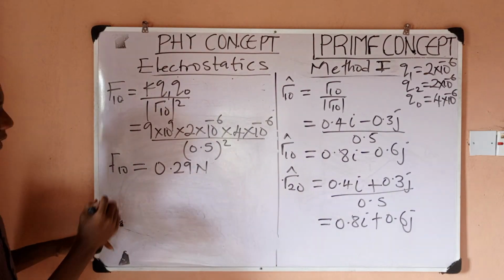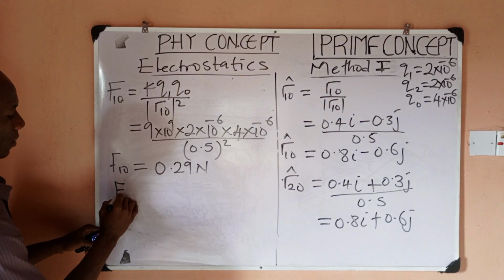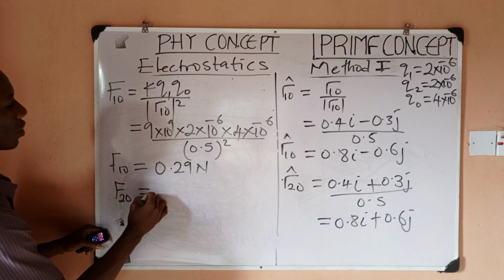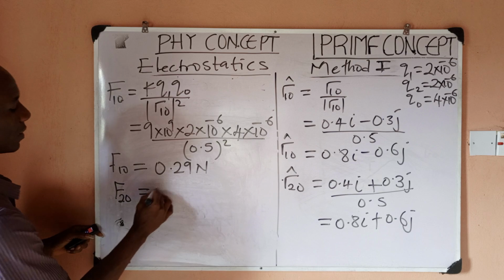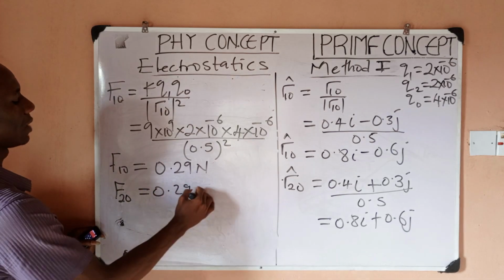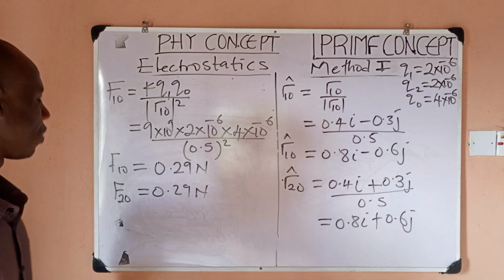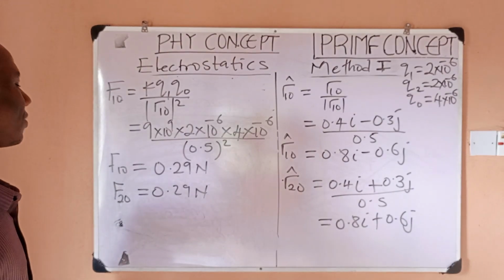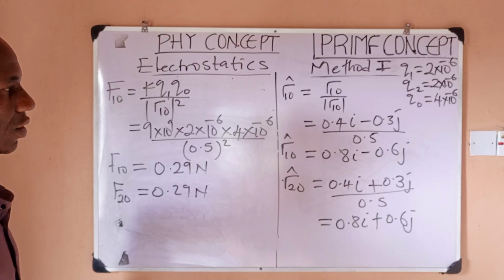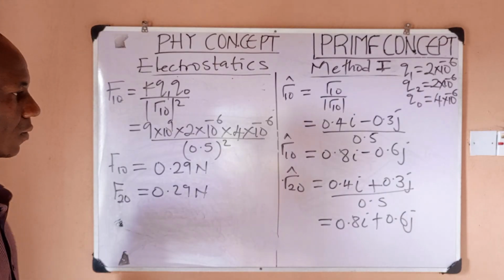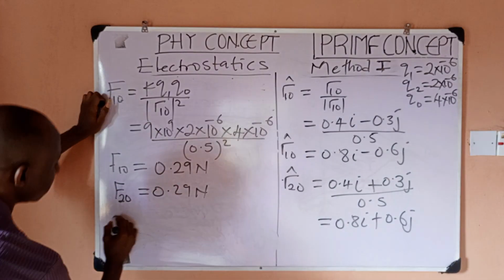Now, of course, you know that F20 is also going to be 0.29 Newton because both of them are equal. They are equal. Now, the next thing we want to do is to multiply these forces by their direction, by their unit vector.